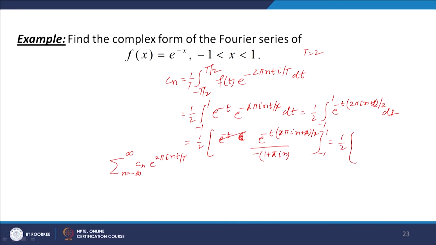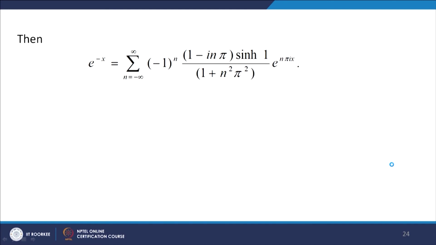When we put the limits, we get e to the power (1 plus n pi i) over minus (1 plus n pi i), and then we get plus e to the power minus (1 plus n pi i) divided by, minus this becomes plus, 1 plus n pi i. Then we simplify this, and when you simplify this, you get the representation of e to the power minus t in the Fourier series, the complex form of the Fourier series.